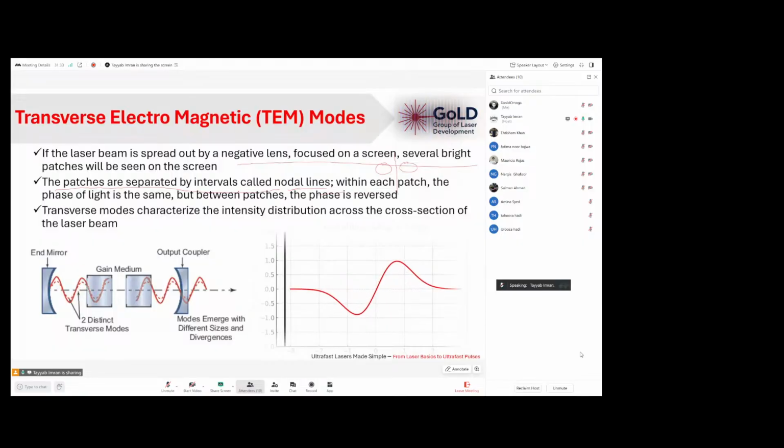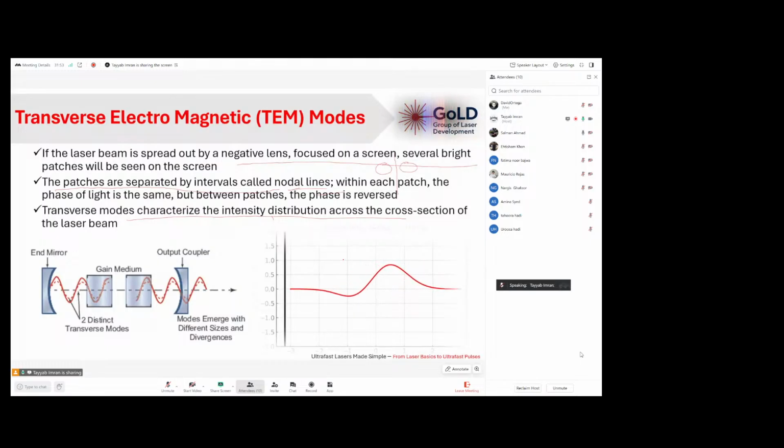The third point: transverse modes characterize the intensity distribution across the cross-section of the laser beam.